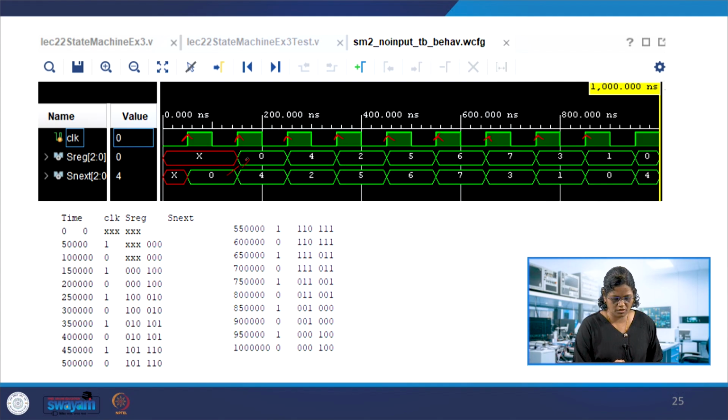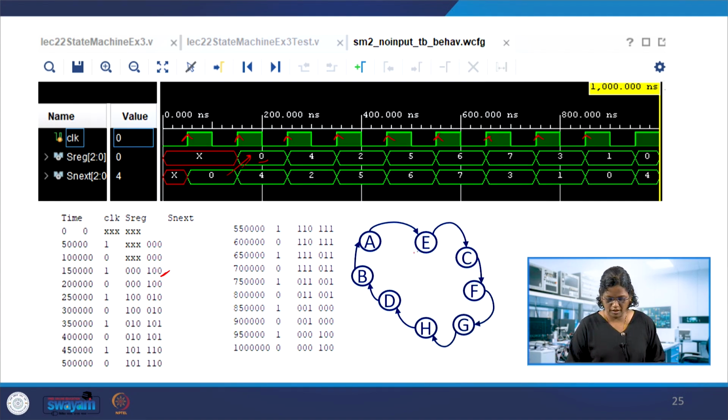So S reg at the next passage of the clock is 0, then 1, 2, 3, the next states A B C D. Then 4, 5 moves to E here, and the radix is in decimal, so you have this 5 F, 6 G, and then 7 is H, and then again 0, it comes back here.